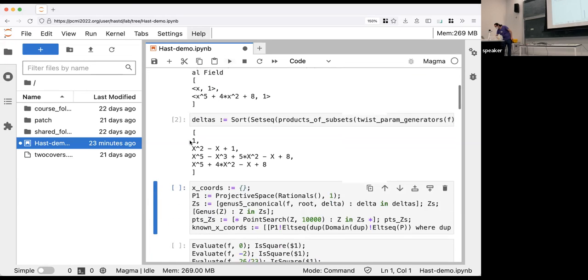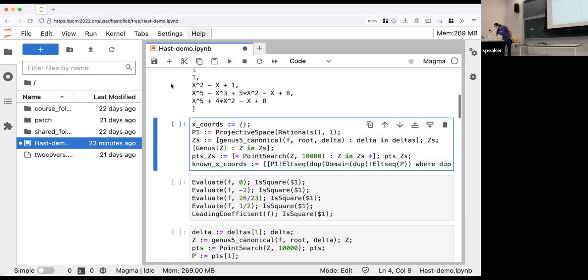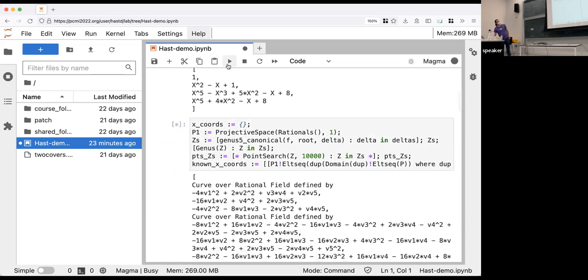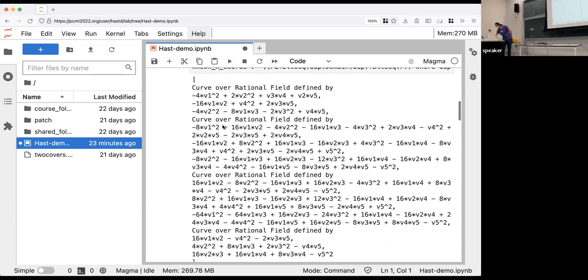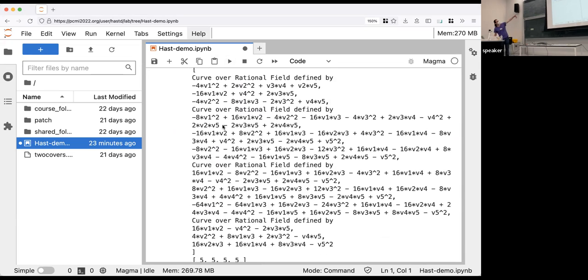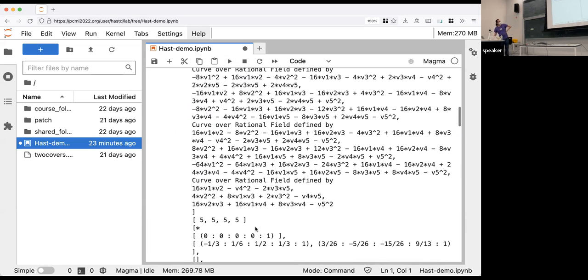Cool. Continuing on, we now compute the models of these curves. And you can see here are the equations of these curves. It's all very explicit, given by 3 quadrics in P4 after we've taken this hyperplane section. And we verify, yes, indeed, these are all genus 5.